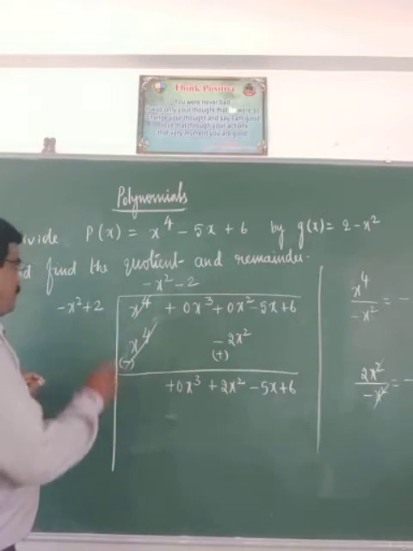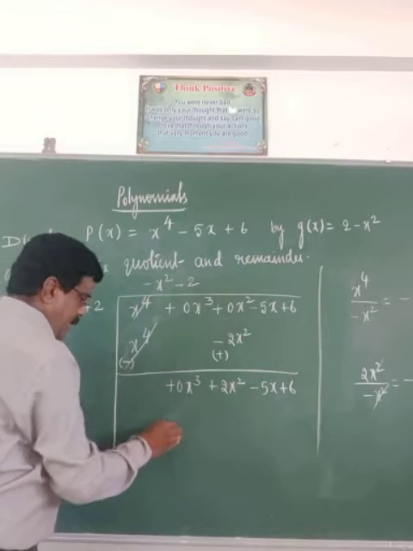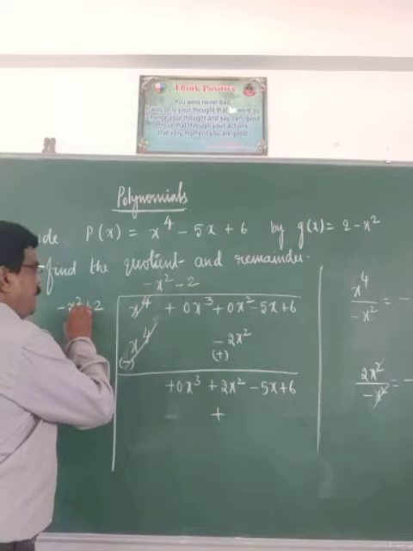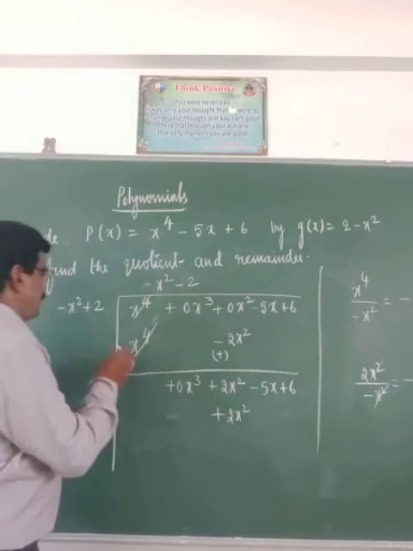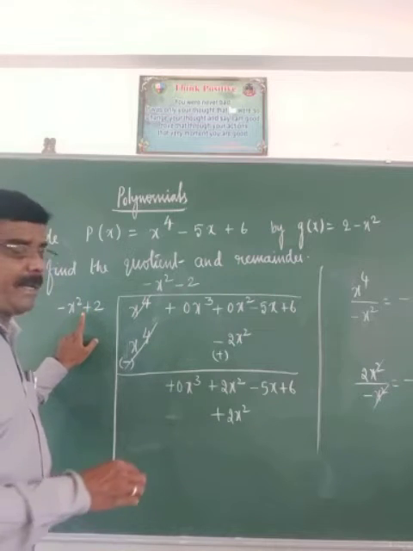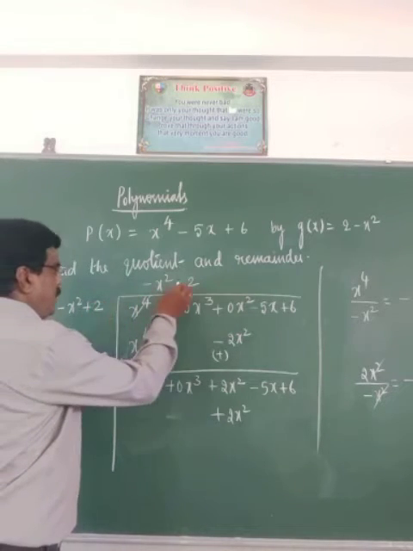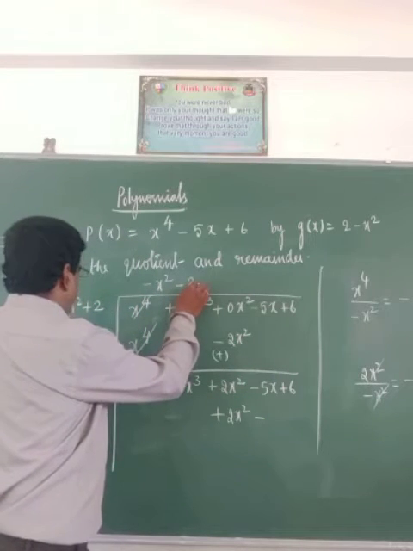Okay? Now see, minus x square into minus 2. Minus into minus is plus, x square into 2, 2x square. Be careful, children, while multiplying. Be careful about sign multiplication. Again plus into minus, minus 2 into 2, 4.